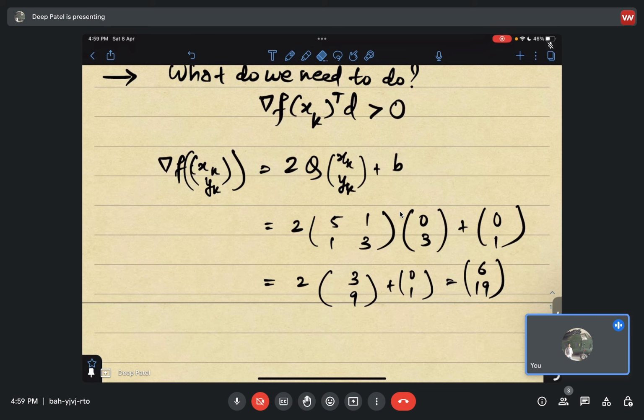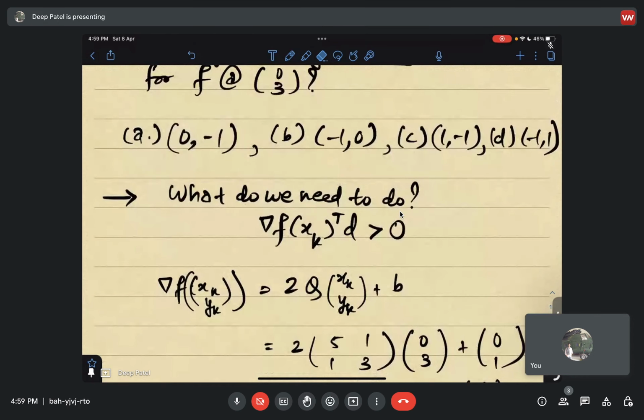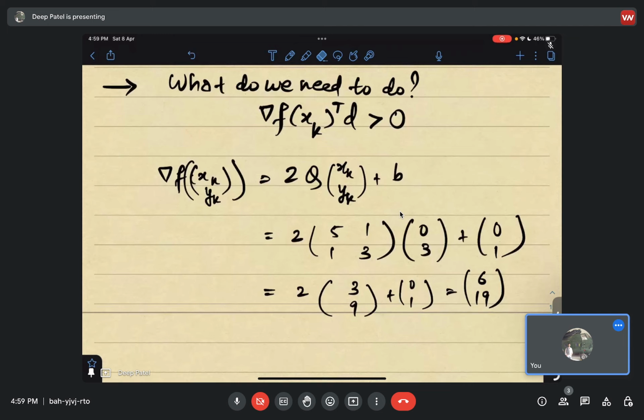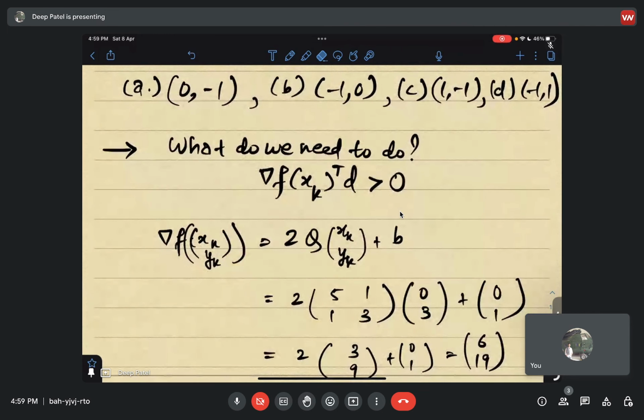So basically I have 6, 19 as my vector. I want D such that the inner product is positive. So D seems to be fine. Yeah, D is given.